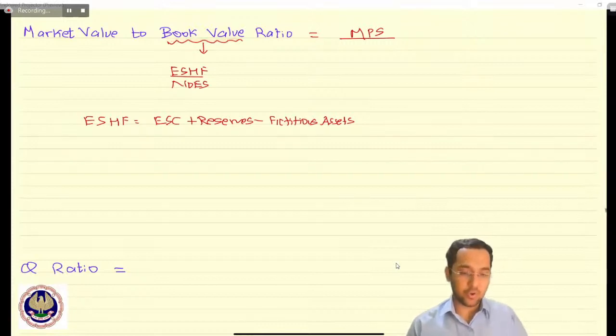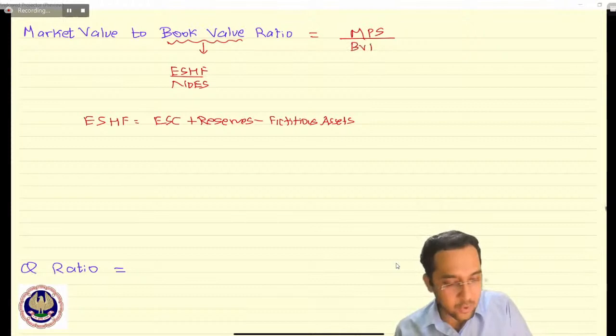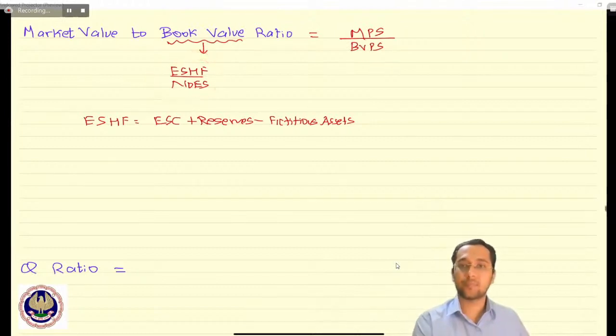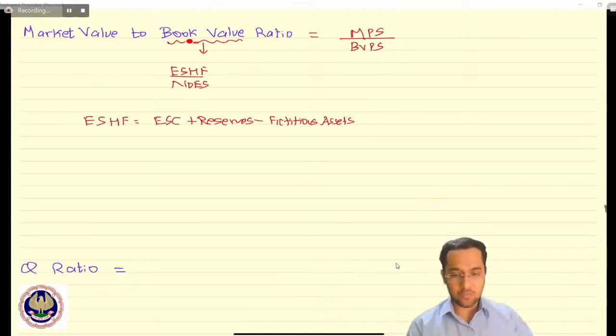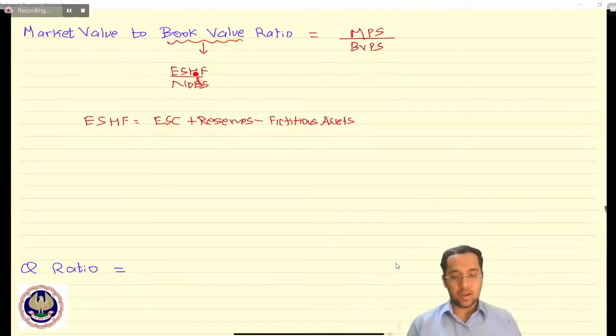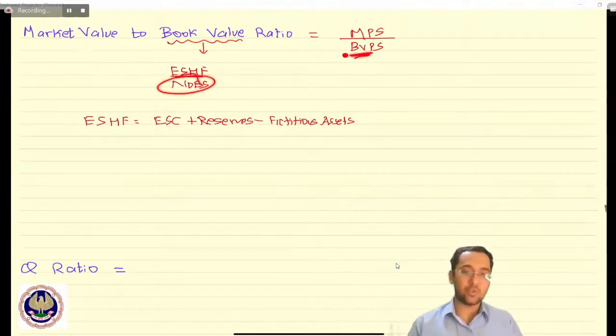So definitely the ratio is going to be market price per share divided by book value per share. So book value per share will be simply total of share capital and reserves less fictitious assets, divided by number of equity shares.